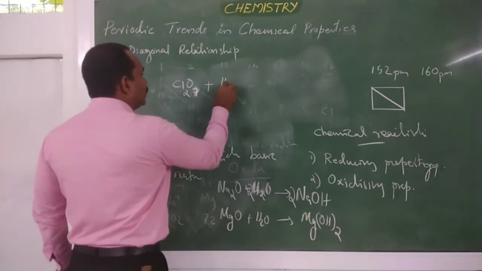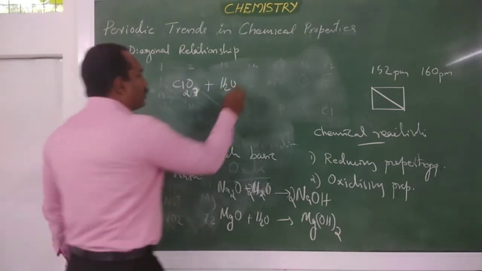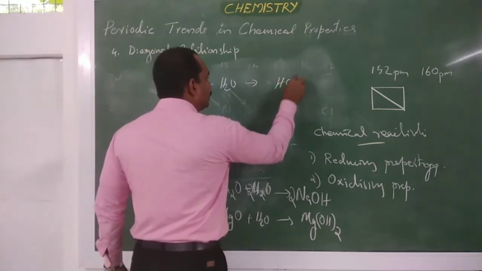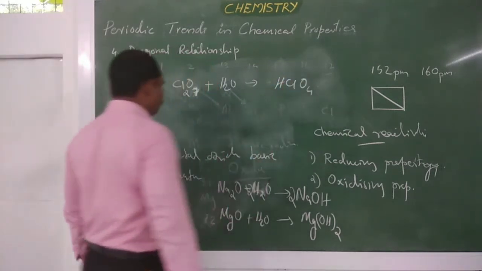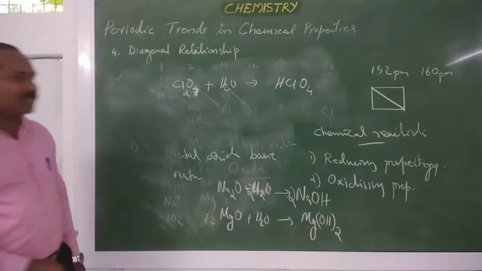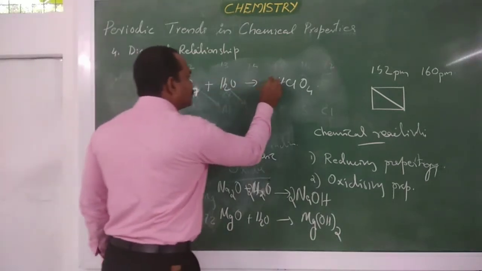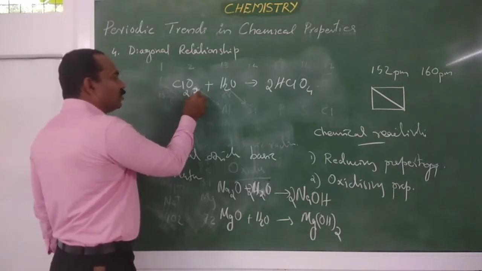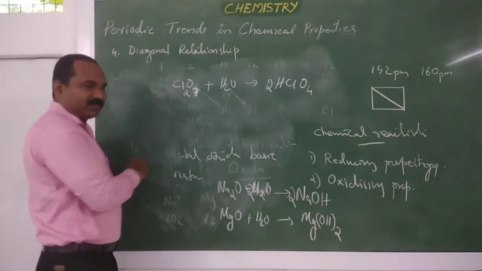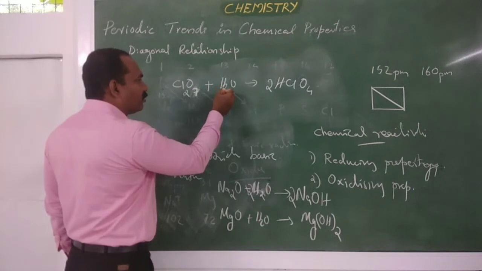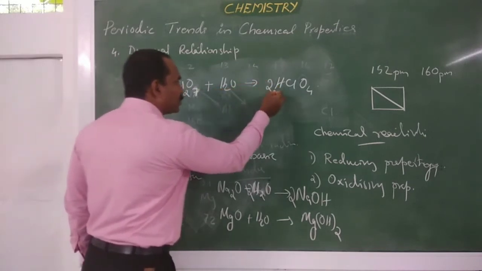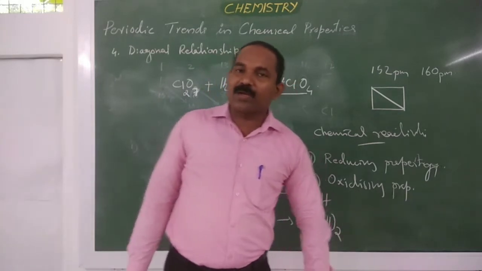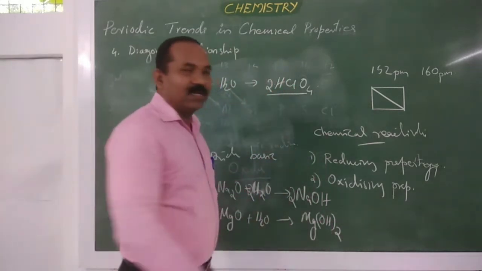Cl2O7 plus H2O gives HClO4; for balancing, you write 2. Cl2O7 is a non-metal oxide which combines with water forming perchloric acid, which is acidic in nature.